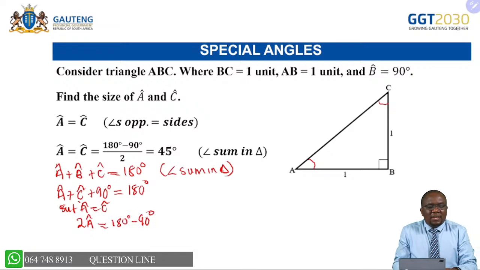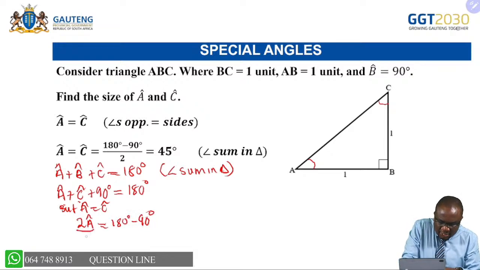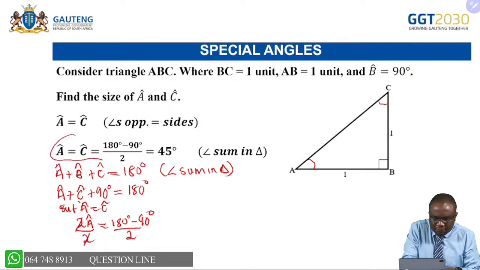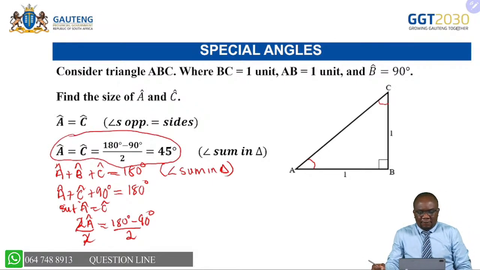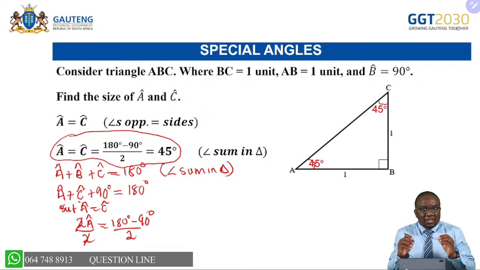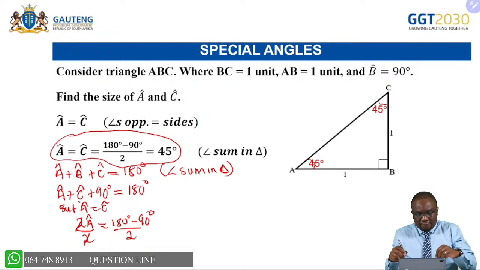And then we divide both sides by 2. Do you see where this is coming from? So it means angle A is 45 degrees and angle C is 45 degrees. The diagram that we drew, can you write 45 degrees, 45 degrees for A and C?